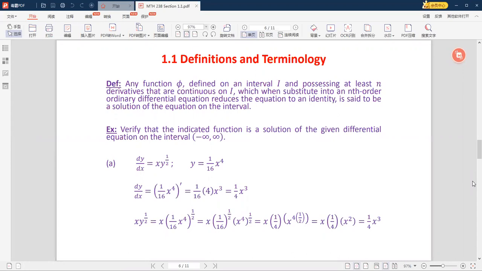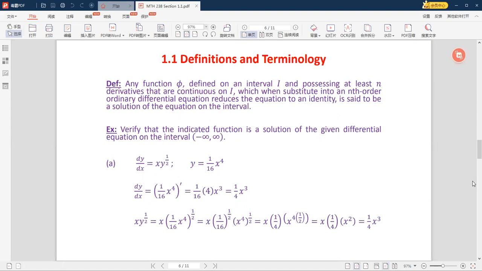Which, when substituted into an nth order ordinary differential equation, reduces the equation to an identity, is said to be a solution of the equation on the interval. So basically, you're trying to solve an nth order ordinary differential equation, with all the derivatives of phi or y up to n.